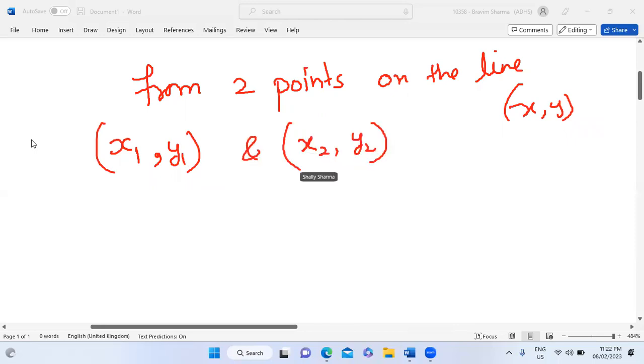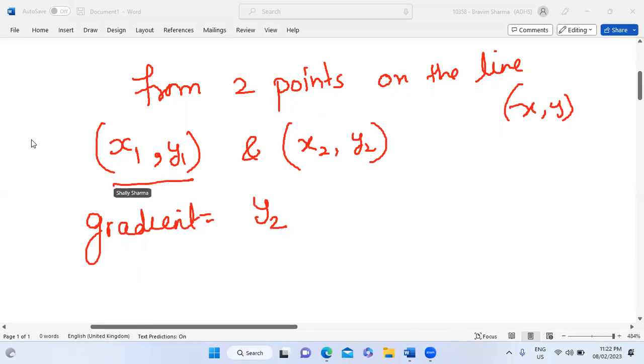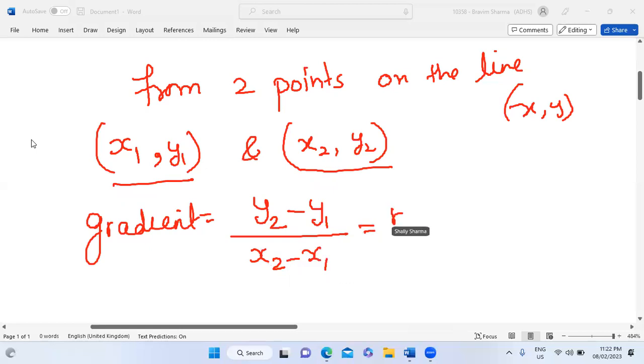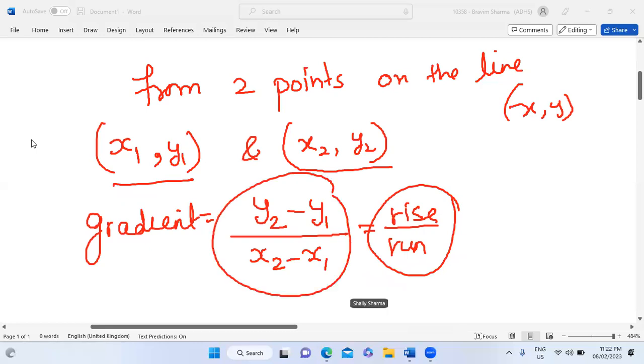You can consider any one as x1, y1, and the other one will be x2, y2. So the gradient is y2 minus y1 over x2 minus x1. Basically, it is similar to the rise over run case. But we use rise over run when we are given a graph. If we are given 2 points, then we just use y2 minus y1 over x2 minus x1.